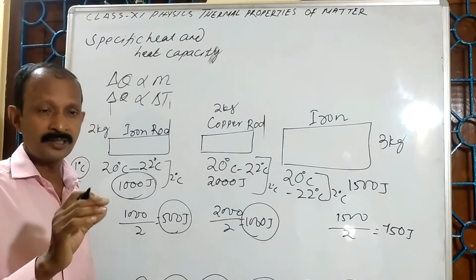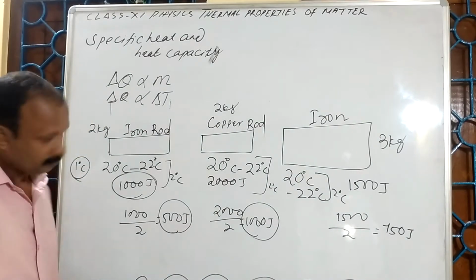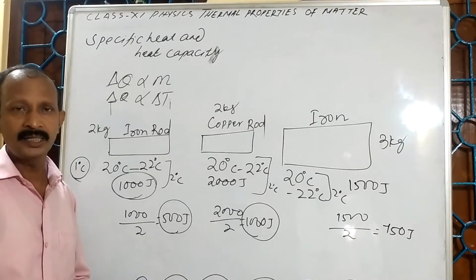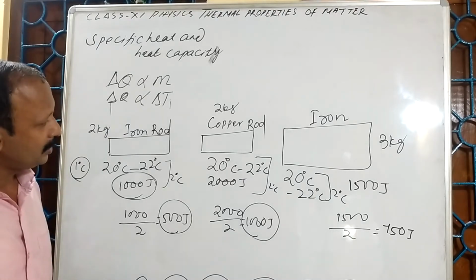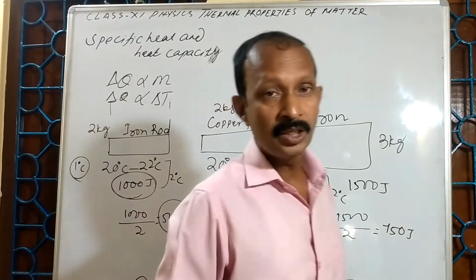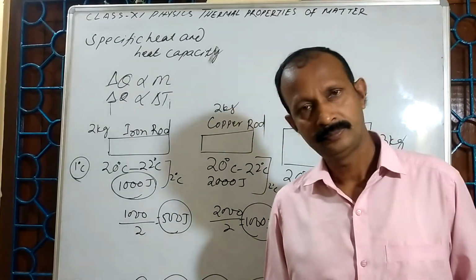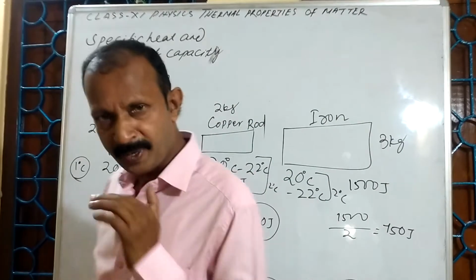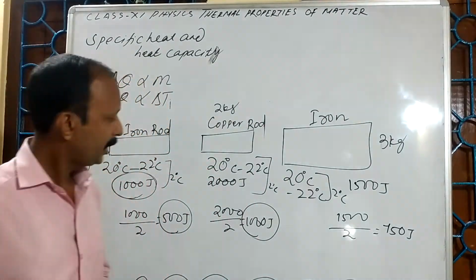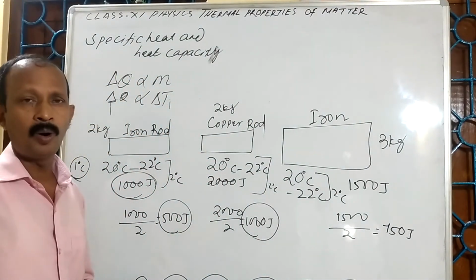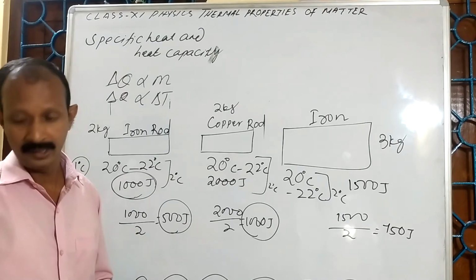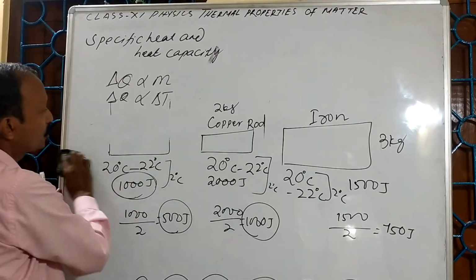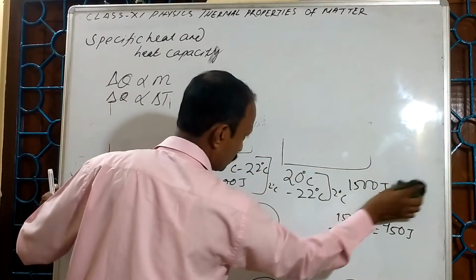So the capacity to raise its temperature by a unit degree, that is called its heat capacity. It is a term to characterize the change in temperature of a substance.